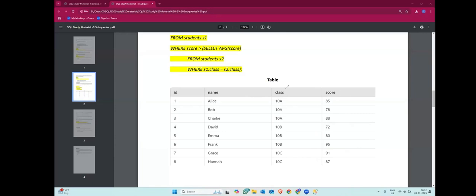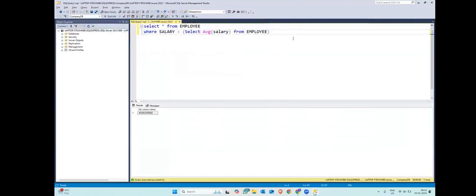Now there is an additional condition that we have to compare it with this specific class, right? So this means that whatever the outer person is, we are comparing the average for his class only. So let me decipher that example that we did yesterday.